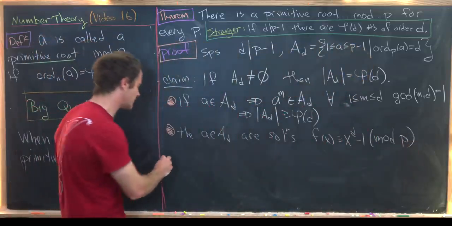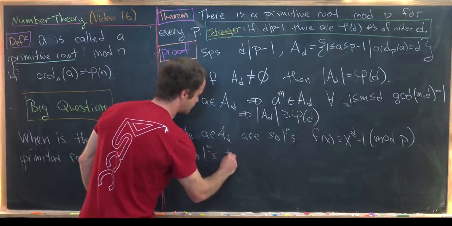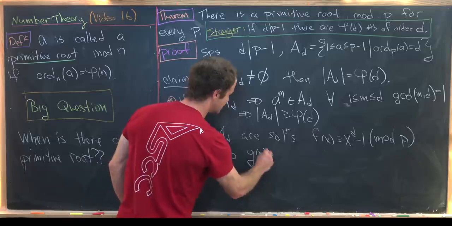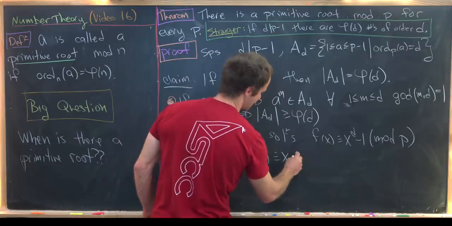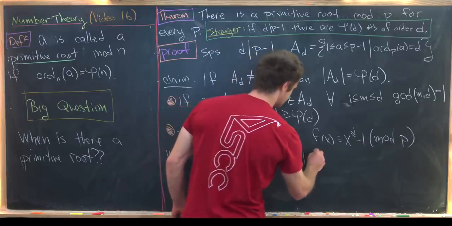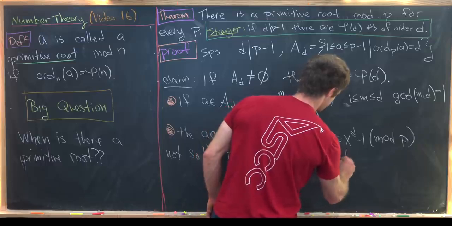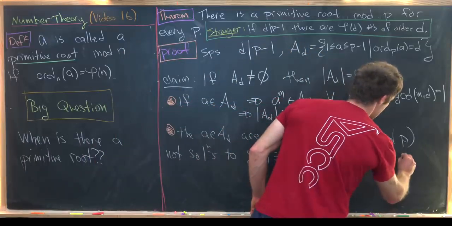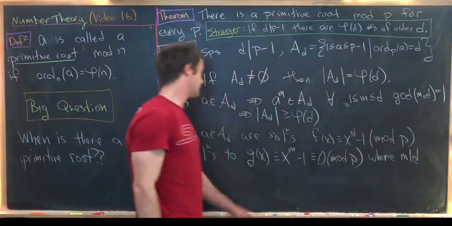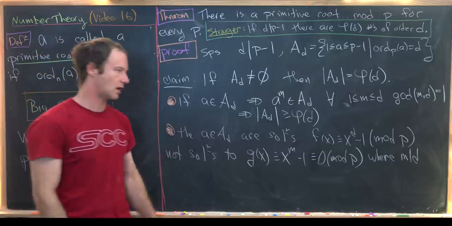Okay, but then let's notice that they are not solutions to a congruence g of x, which is x to the m minus 1 congruent to 0 mod p, where m divides d. Because if they were solutions to this congruence, then their order would be smaller than d.